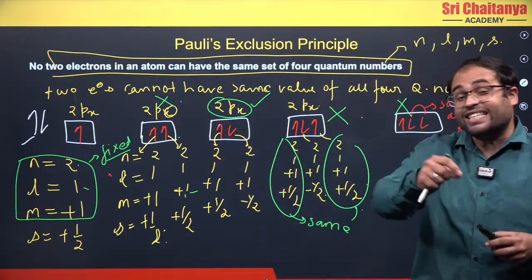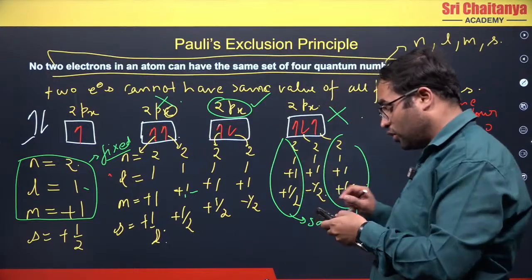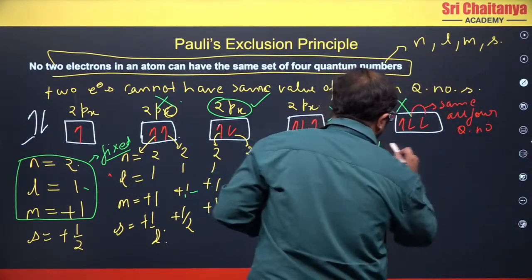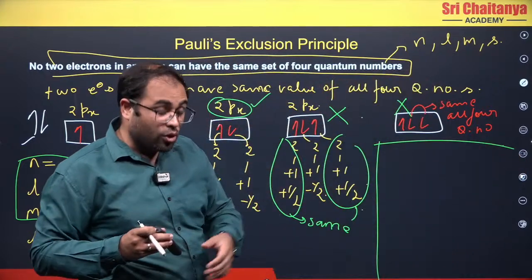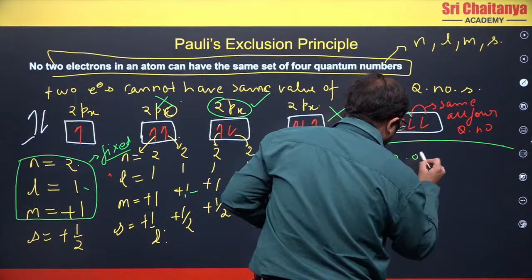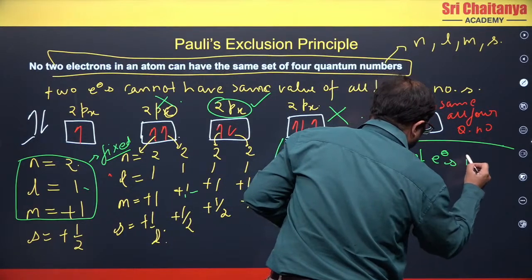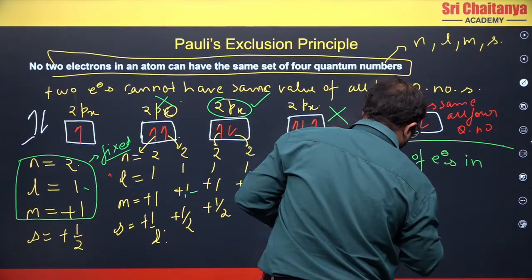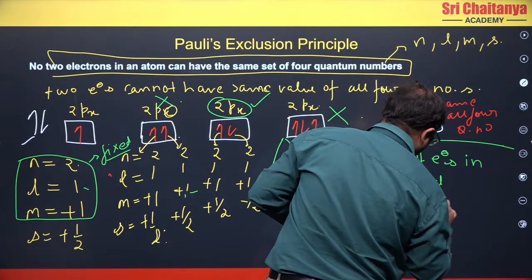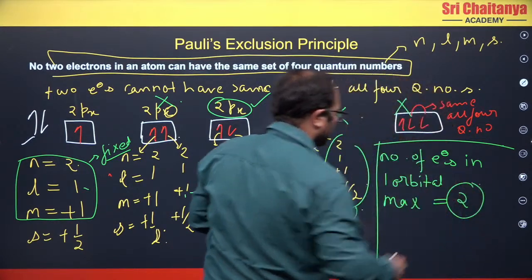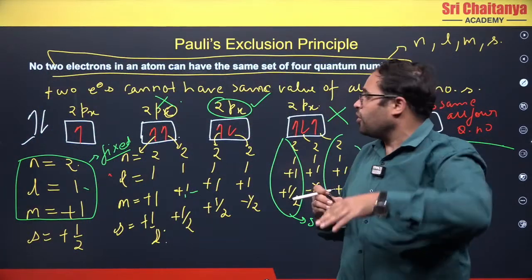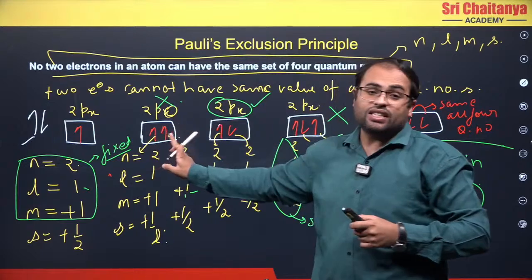So this fixes the number of electrons that can occupy an orbital. The number of electrons in an orbital is fixed at 2. So the number of electrons in one orbital can be a maximum of 2. Second thing, even with 2 electrons, they cannot be pointing in the same direction.